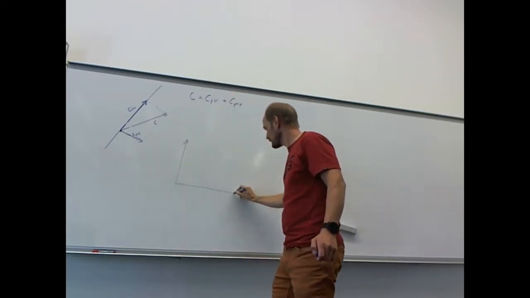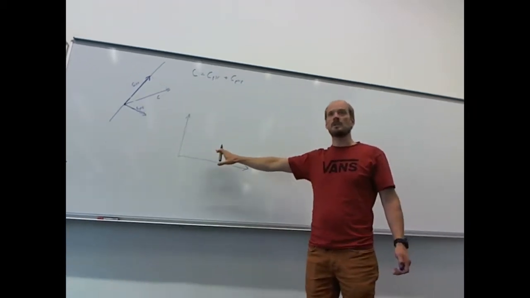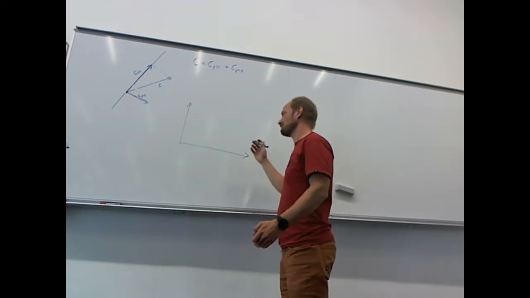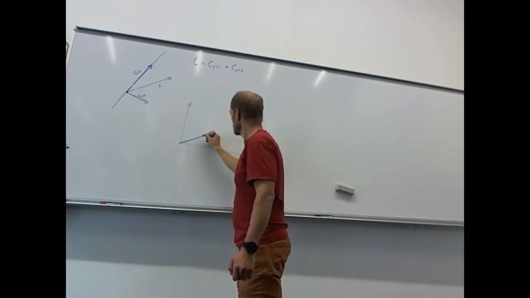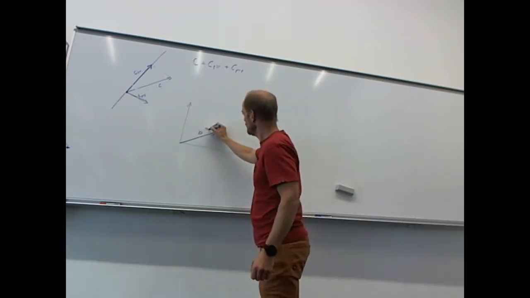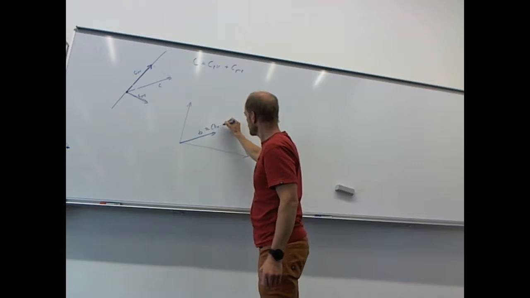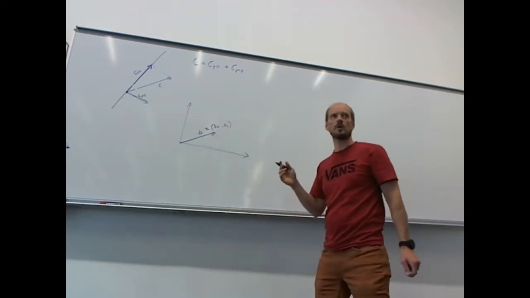of looking at this same type of projection is just setting up a simple coordinate system, and to say, I have a vector, let's call it B. I have a vector B, and B equals Bx, By. It has x coordinates and it has y coordinates.